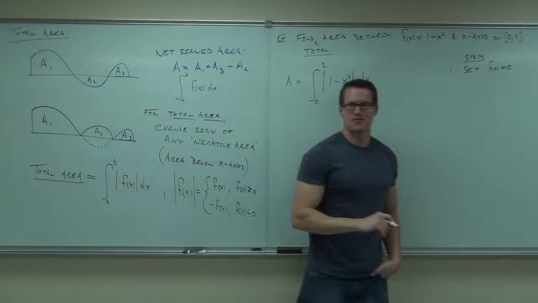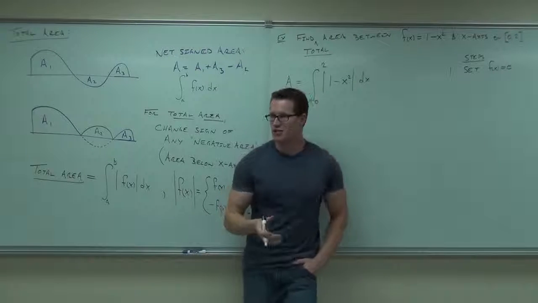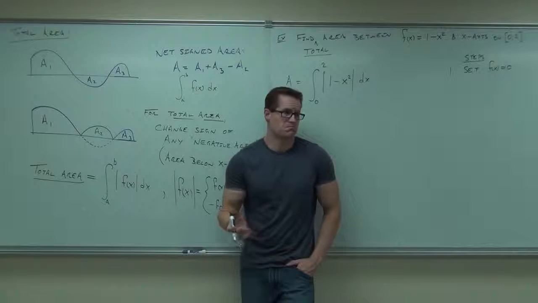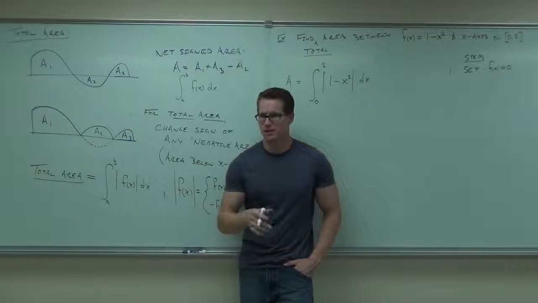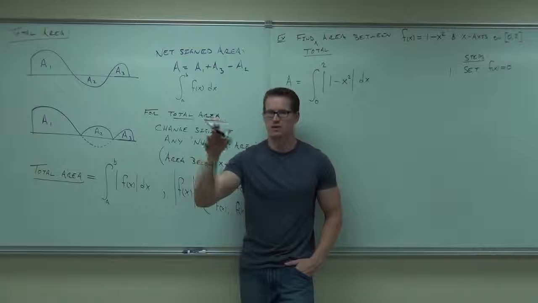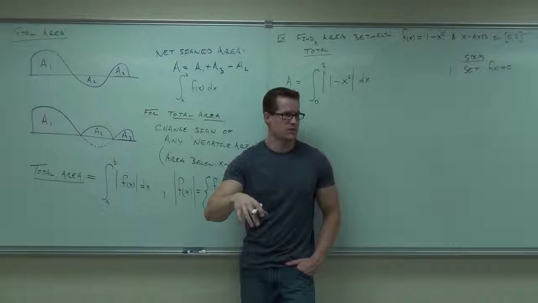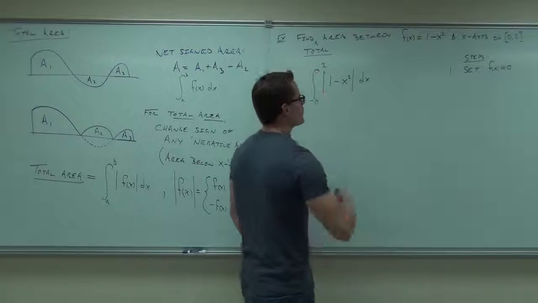If you're trying to figure out where the function is above and below the x-axis, you better find out where it crosses the x-axis. That makes sense to me. Does that make sense to you? Yes. If you know where it crosses the x-axis, then you can perform a sign analysis test, plug in some numbers easily and say, oh, it's above, it's below, therefore I know when the area is going to be positive, when it's going to be negative. You get me? Okay. So set the function equal to 0 and solve.